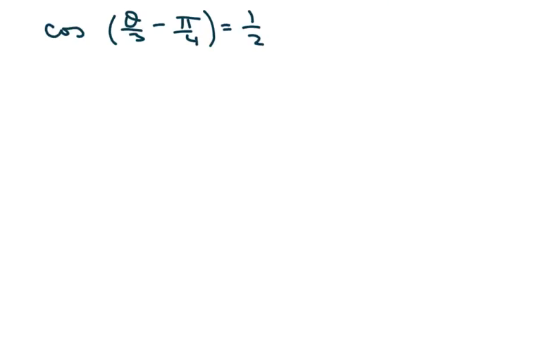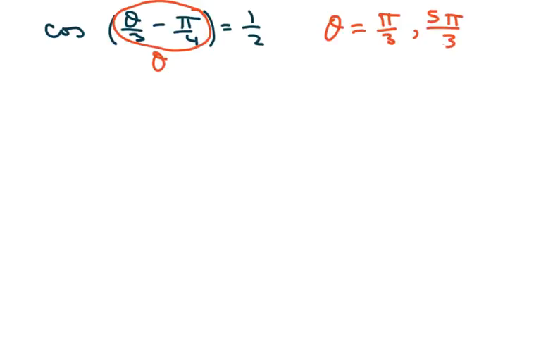Okay, the last one. We're going to set this to theta, and theta for 1/2 would be theta equals pi over 3 or 5 pi over 3.